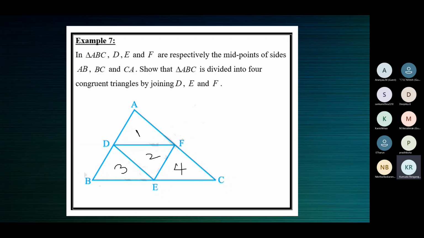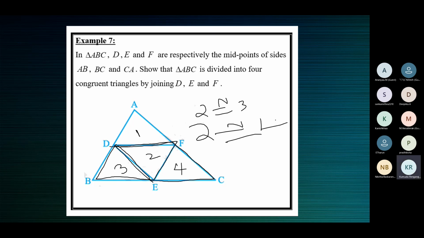Now, when you prove that this one is a parallelogram, just tell me if I'm not clear, by the property of the diagonal, what do you get? 2 is congruent to 3. When you prove that this one is a parallelogram, what do you get? 2 is congruent to 4.